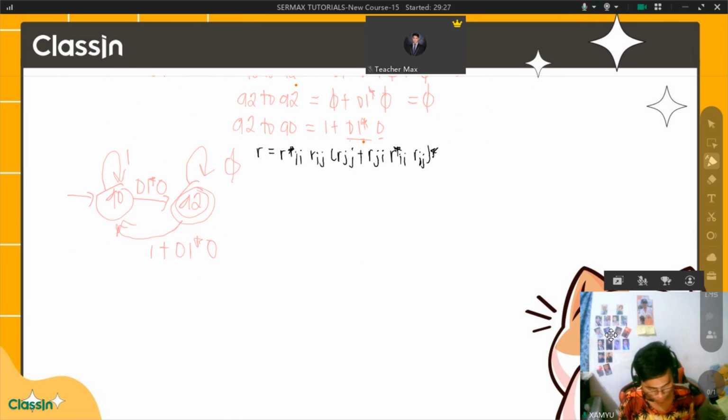okay, let's simplify. This will be your I, this will be your J. So RII equals II is 1 star, and then IJ is 1 0 1 star 0, and then afterwards by simplification of the RJJ, yes, RJJ, that is null, and then plus RJI.